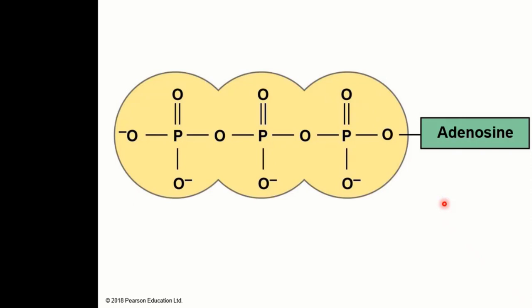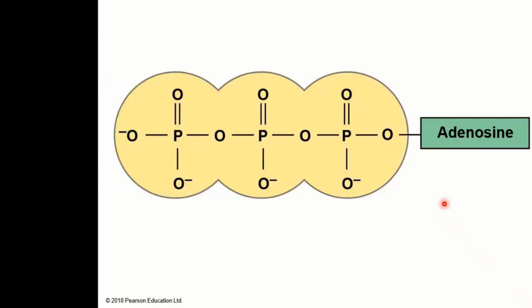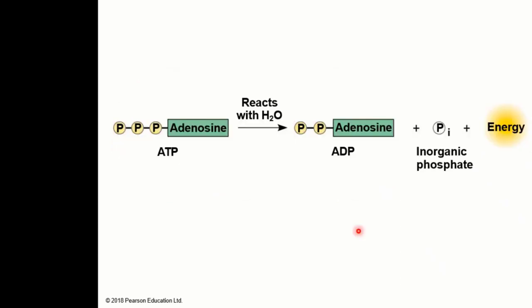So this adenosine, which is an organic molecule, reacts with water with the 3 phosphate groups, where you can see here it's adenosine, where you see the P and the oxygens. So this reaction of triple P adenosine, which is ATP, reacts with water.